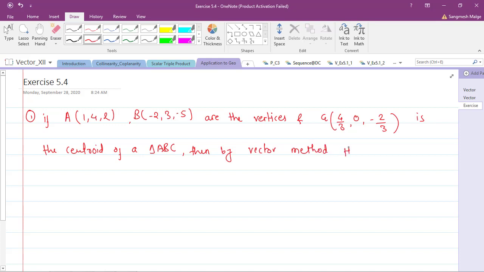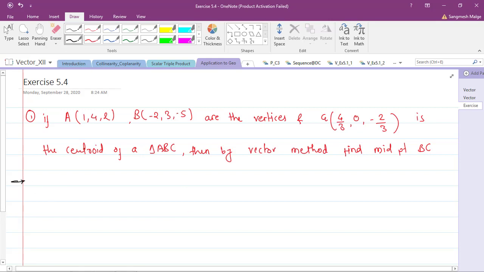Okay, very straightforward question. Instead of asking for the coordinates of C, they are asking for the midpoint of BC. Very simple question.